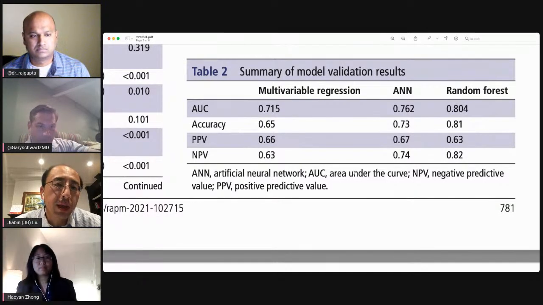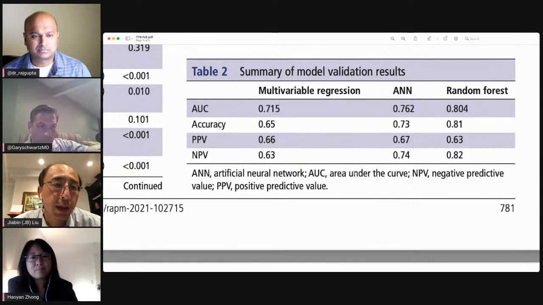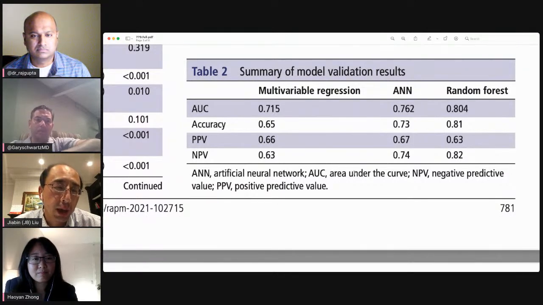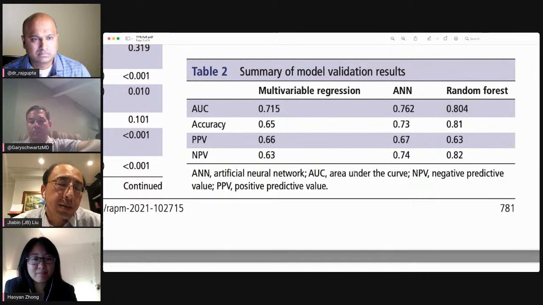So random forest here basically stands up by itself. And as Haoyan pointed out, the positive and negative predictive values are exactly what we think. It's just because we only have a very small percentage, 6% of patients, who are truly ambulatory. If we had more stage 0 patients, we might have a little bit better results.